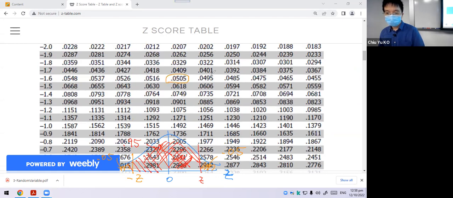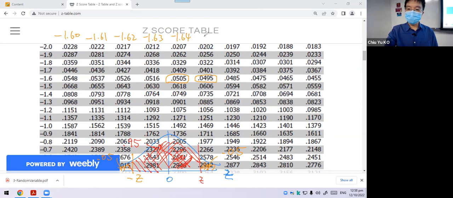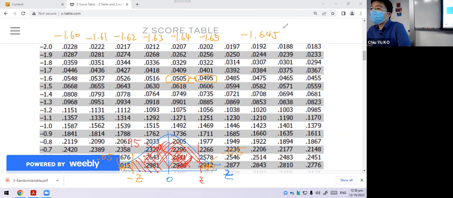Again, this is negative 1.0, negative 1.1, negative 1.2, negative 1.63, negative 1.64, and negative 1.65, somewhere in the middle, so negative 1.645. So that's how you find that value.